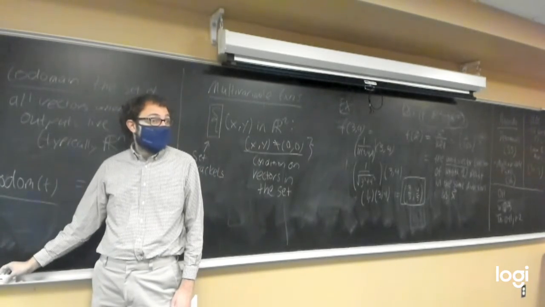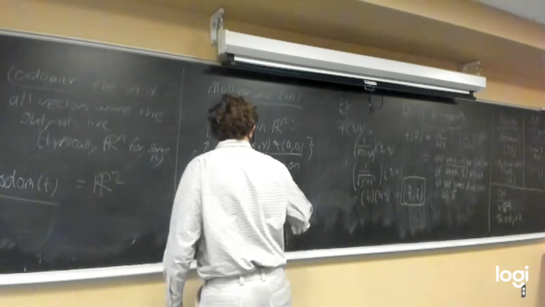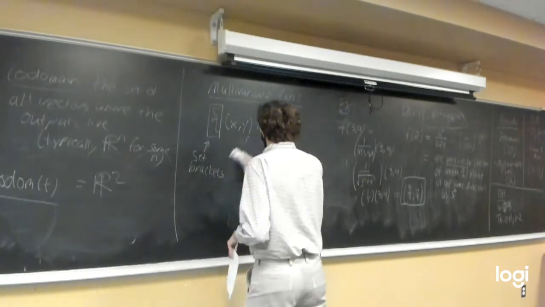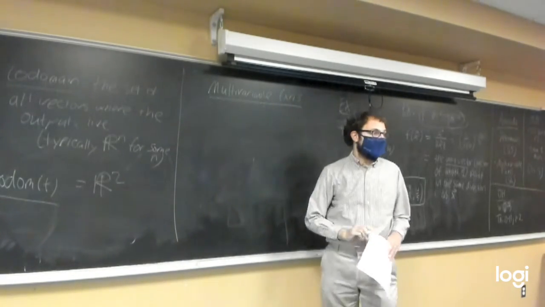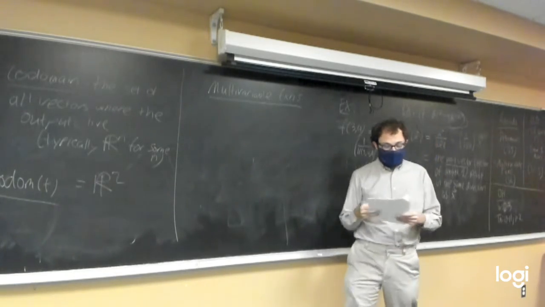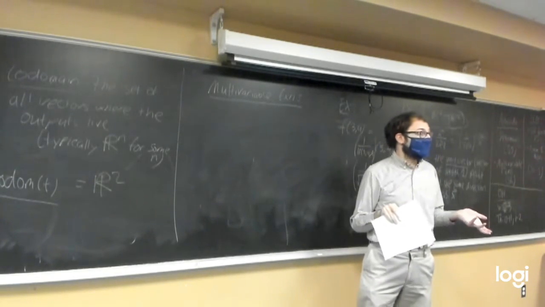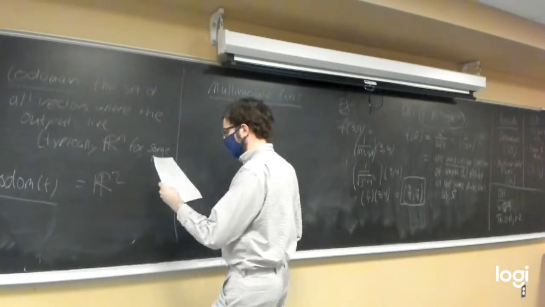And finally, I want to talk about the range of a function f. The range is usually the trickiest to find. The range is just going to be the set of vectors that are outputs to the function. Not just the set where the outputs live, but the set specifically of the outputs themselves.